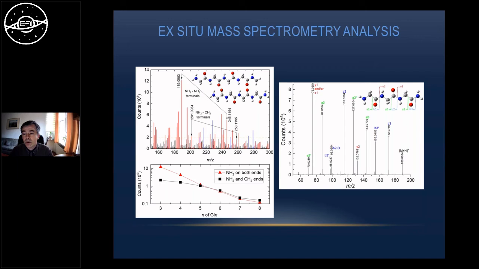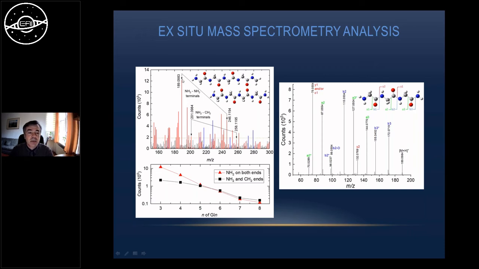So the result of mass spectrometry confirms the result of infrared spectroscopy and tells us that there is polymer formation. And we can see the addition of up to 8 or even 9 and 10 monomeric units in this chain.